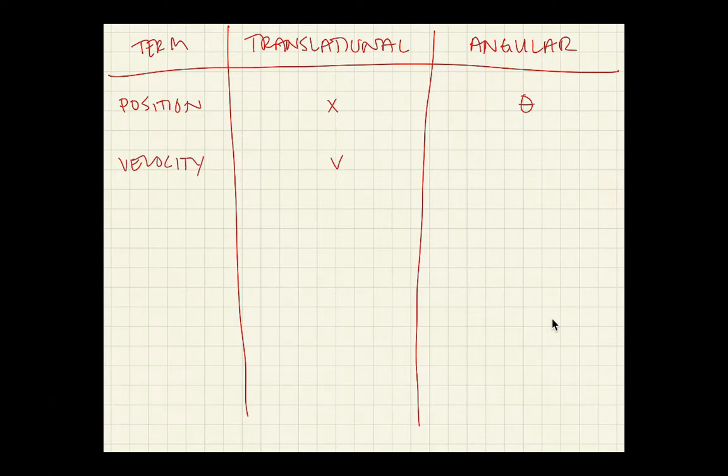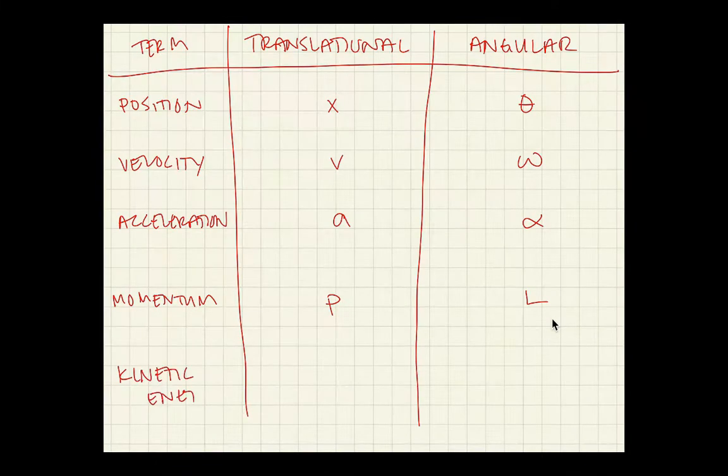Translational is v, angular is omega. Acceleration. Translational is a, angular is alpha. We could have momentum. That would be P for translational and L for angular. And then we have kinetic energy. That's K and KR.